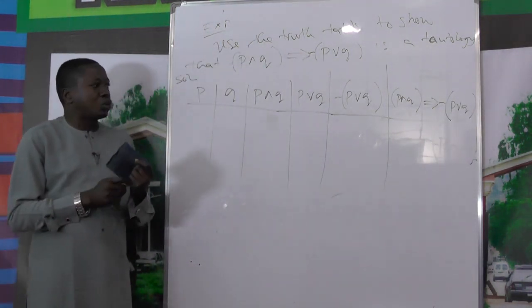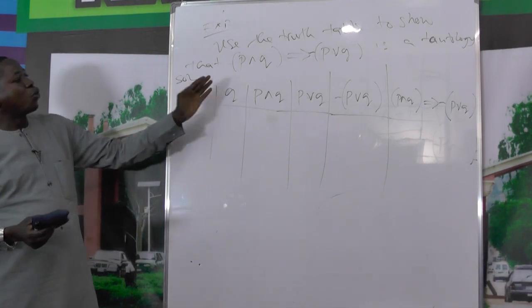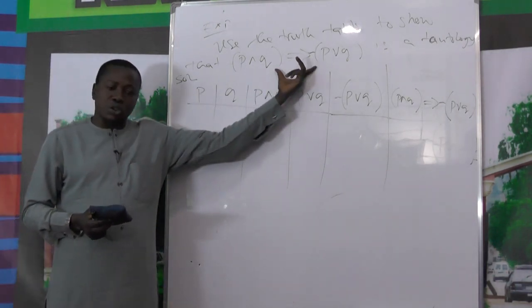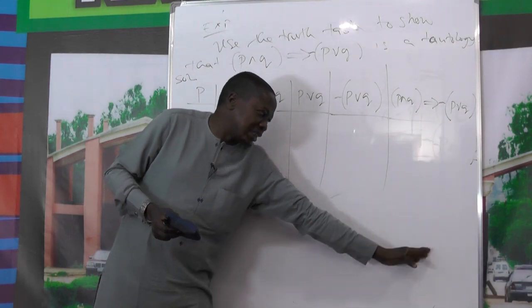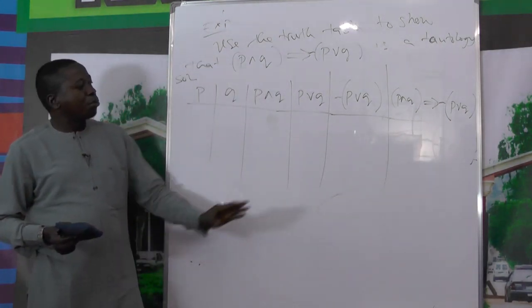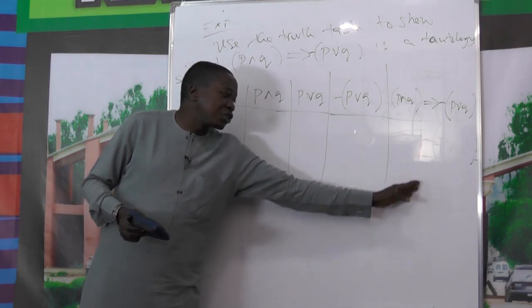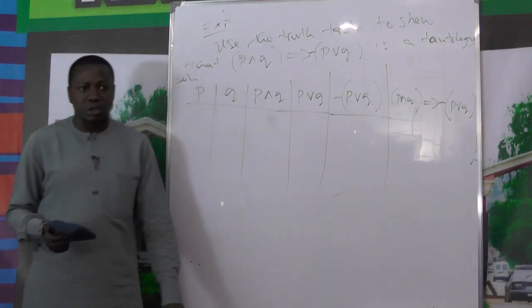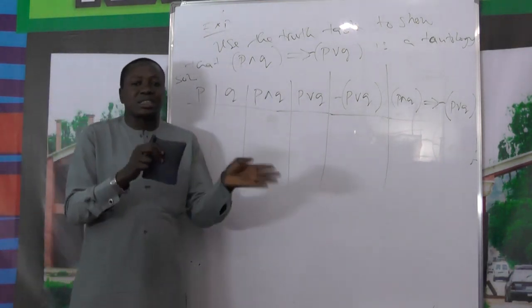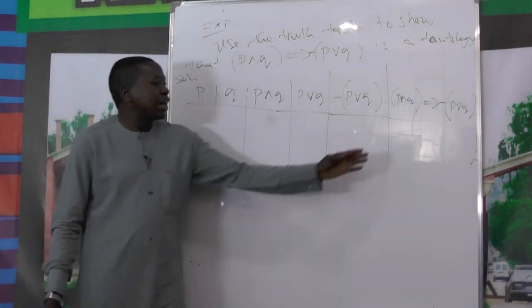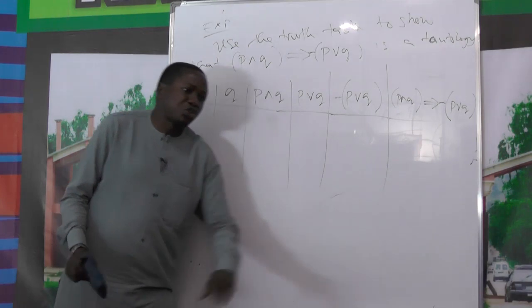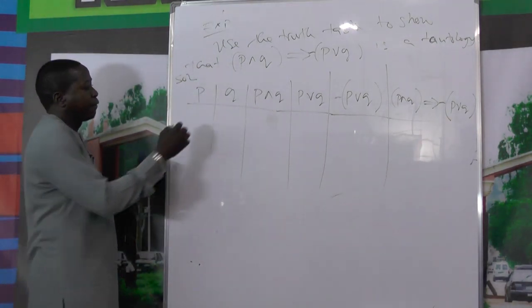This thing we are about to do, we are to check whether this statement is a tautology or not. If this place gives us true, true, true, true at the end, it means tautology. But if it gives us false, false, false, false, it's a contradiction. Even if it is mixed, you cannot call it a tautology. Before you can call it a tautology, everything here must be true. So now let's check.